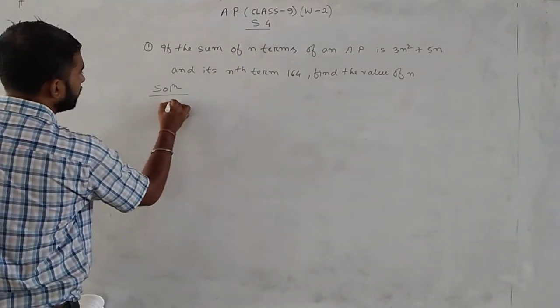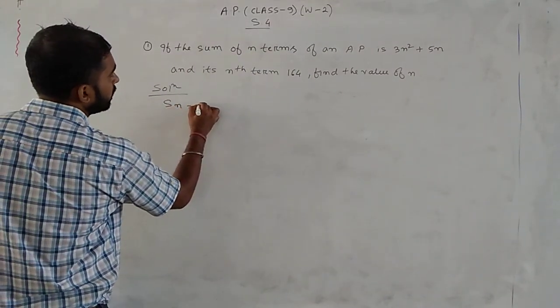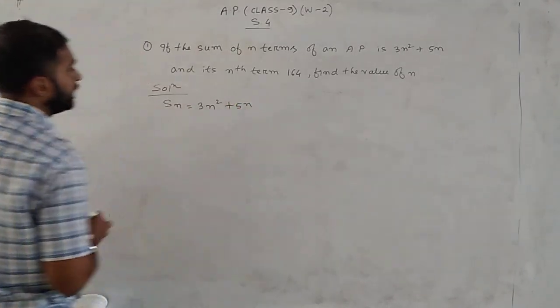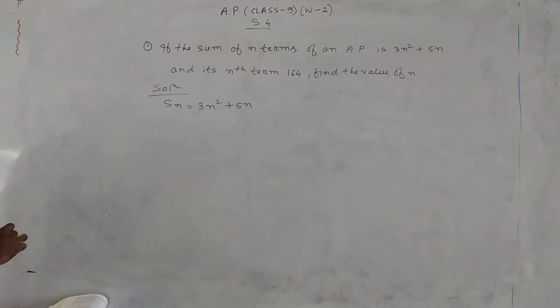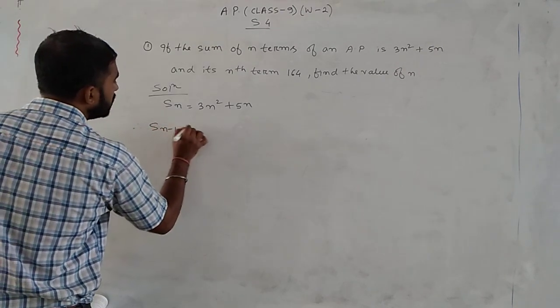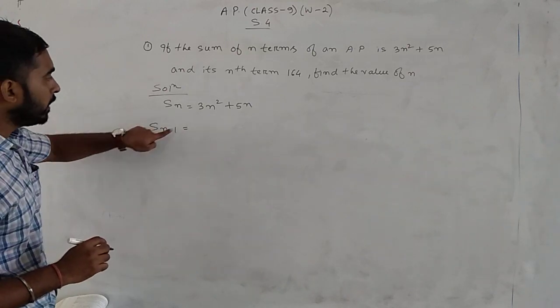Okay, here Sn equal 3n square plus 5n. Therefore Sn minus 1 means we replace n by n minus 1.